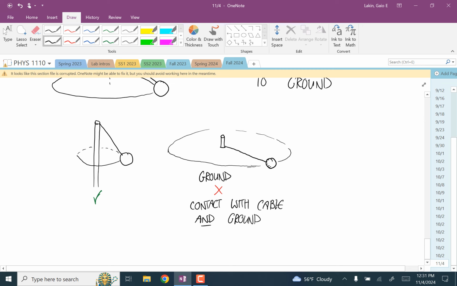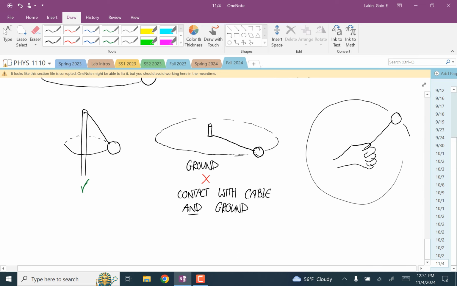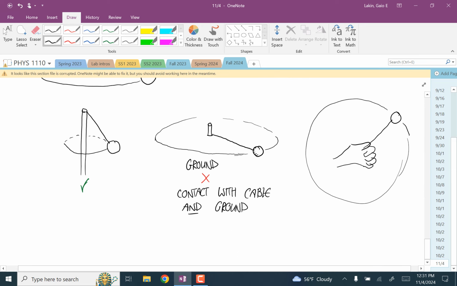Another one that doesn't work is the one we just did, where gravity acts this way.